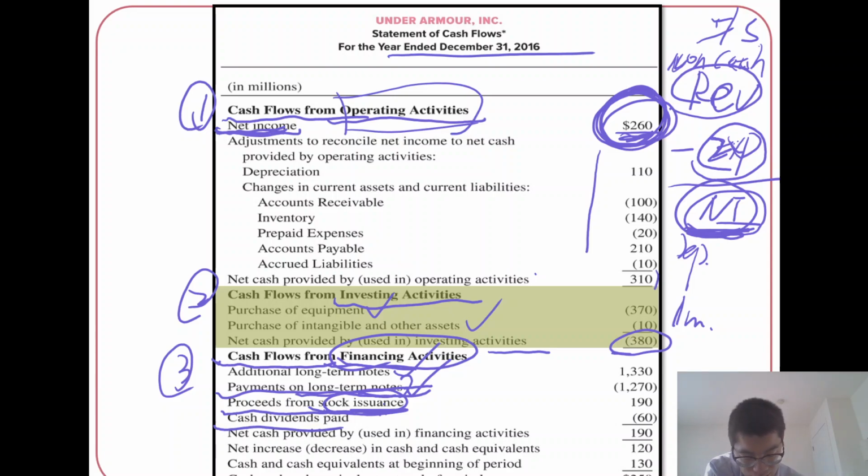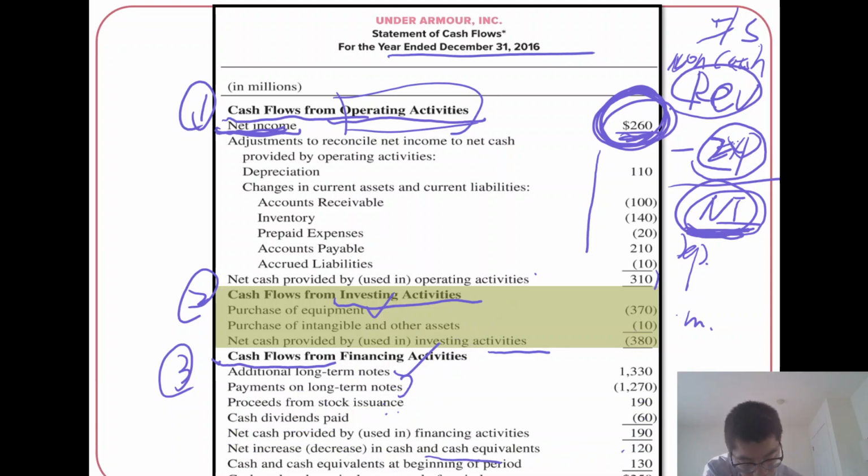Cash dividends paid, the same thing. Okay, and then we have net cash provided or used in financing activities, and net increase or decrease in cash and cash equivalents. Okay, if it's a positive number, cash increased, like 120 here. If it's in parentheses, that is a cash balance decrease.